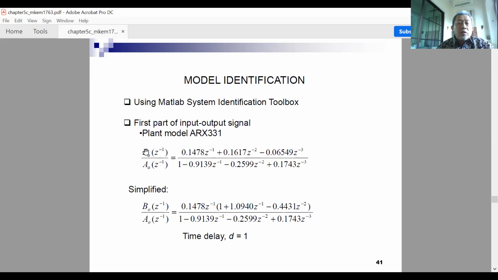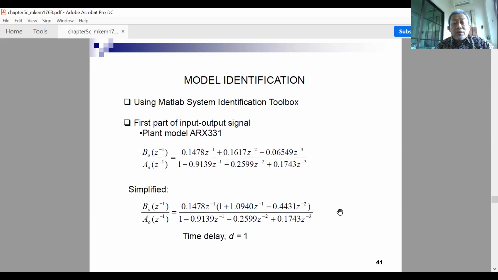Okay, so polynomial B and polynomial A. Polynomial B kuasa 3, polynomial A kuasa 3, but polynomial B can be factorized. So 0.1487 Z letak depan, then multiply by 1 plus 1.09 minus 0.44.